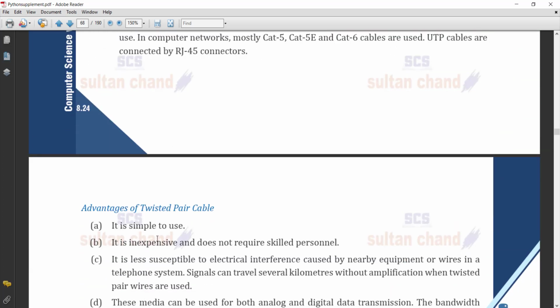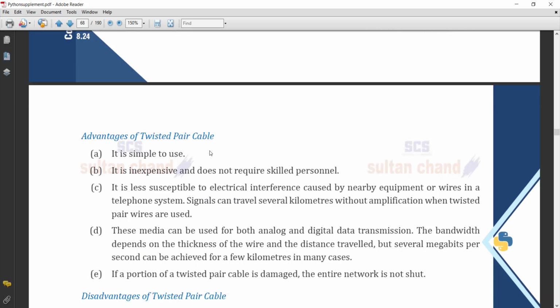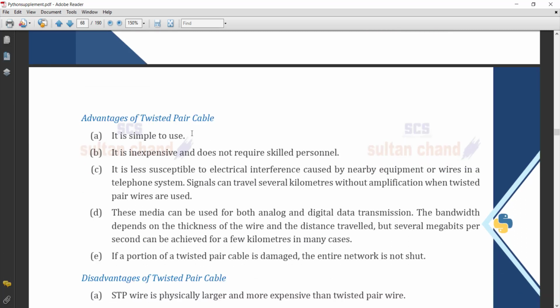Okay, now note down the advantages of twisted pair cable. What are these advantages? Understand, it is simple to use. This cable is very simple, so it is easy to use.